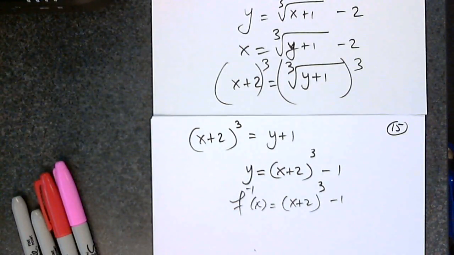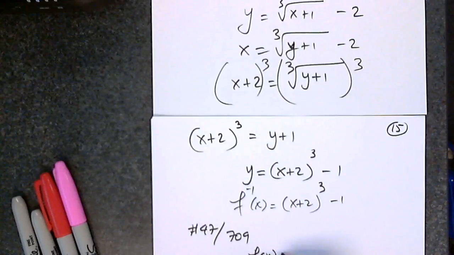What about complex numbers? Any questions on complex numbers? Okay. i squared is negative 1, and i is the square root of negative 1. What if I'm given, let's say, problem 47 on page 709, I have f of x equals (x minus 4) squared minus 2.